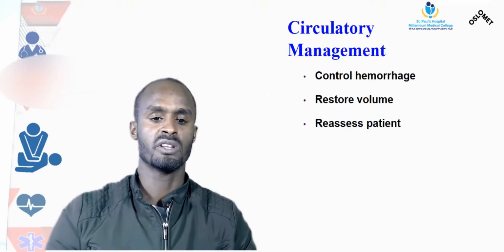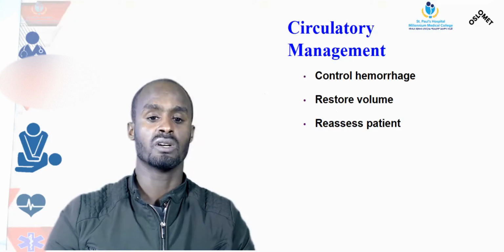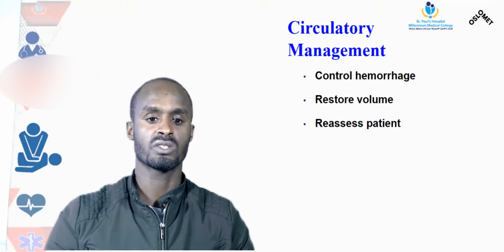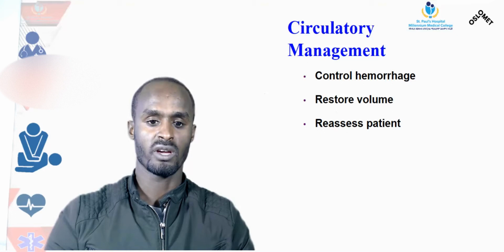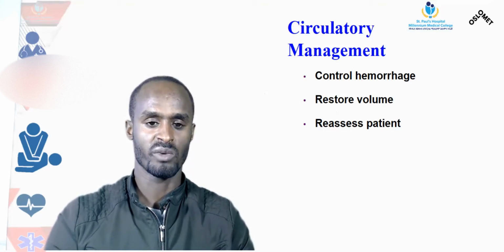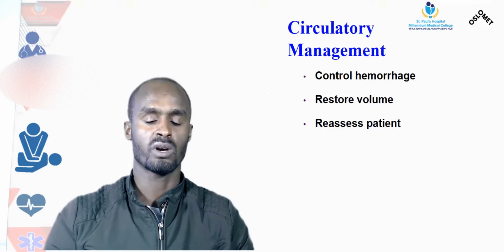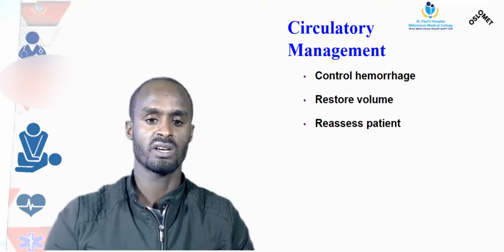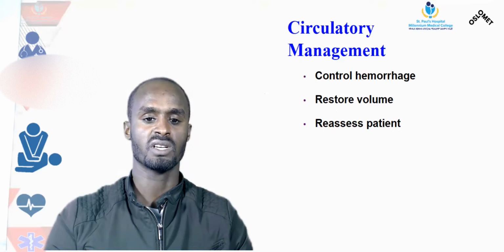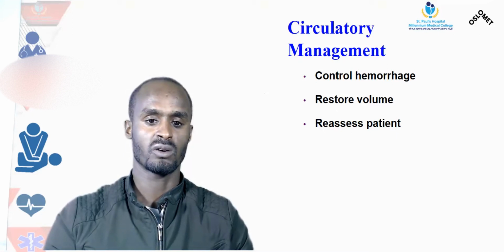So circulatory management should follow these three things. We have to control hemorrhage because hemorrhage can cause hypovolemia or shock. So we have to first identify internal and external bleeding, then manage it accordingly.